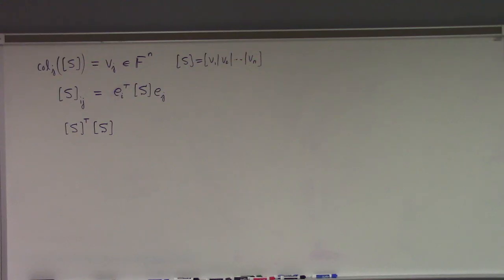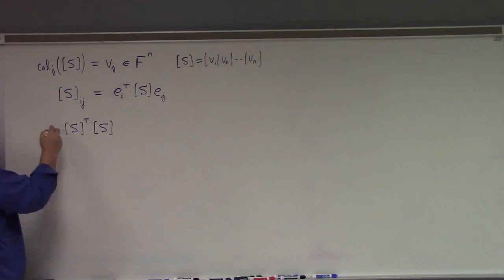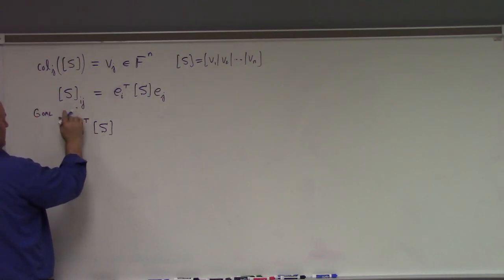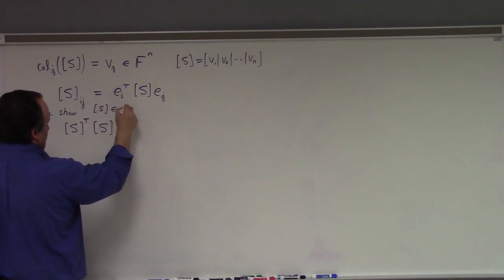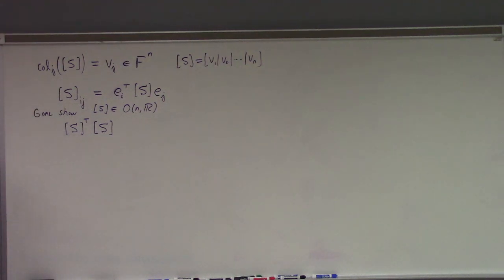I know it's true there, and then we'll try the complex. So I'm trying to show that the matrix of S is an element of O(n, R), and I'm assuming that S is an orthonormal set.